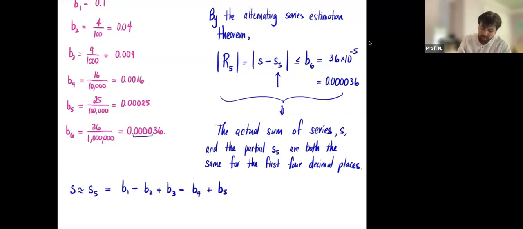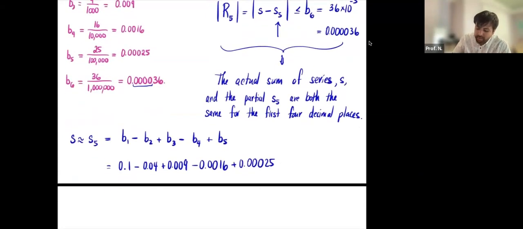This would be accurate, whatever these numbers would be, which is going to be 0.1 minus 0.04 plus 0.009 minus 0.0016, and then plus 0.00025.